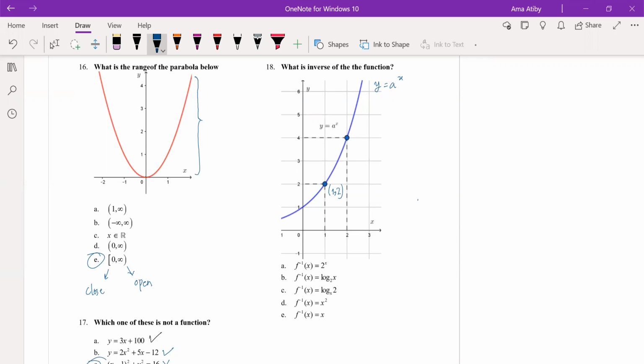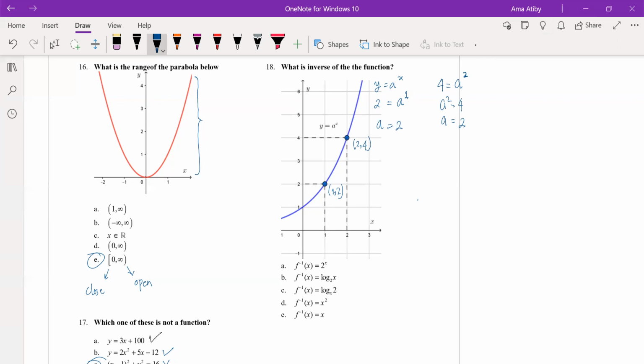If y is 2, then 2 equals a to the power of 1, and therefore a equals 2. Or you can also test this other point, (2, 4). 4 equals a to the power of 2, so a squared equals 4, so a is equal to 2.